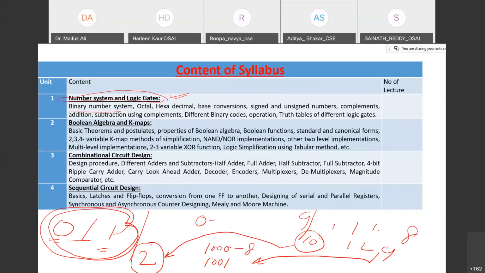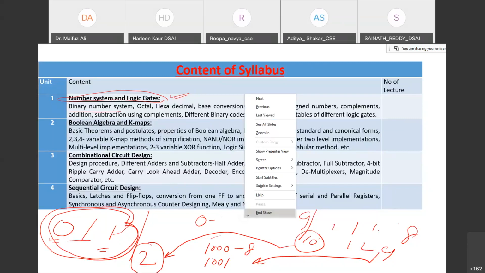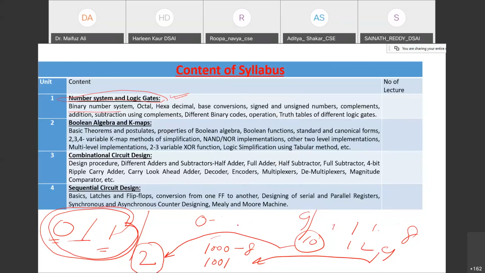Instead of writing any number by a combination of 10 digits, we have to express this number by a combination of 2 digits. This is 0 and 1, and it is for the binary number system.